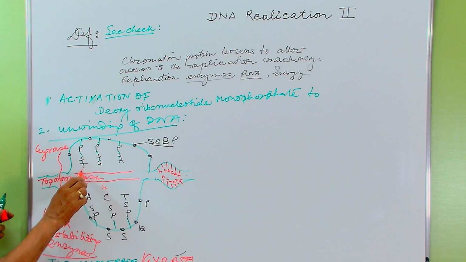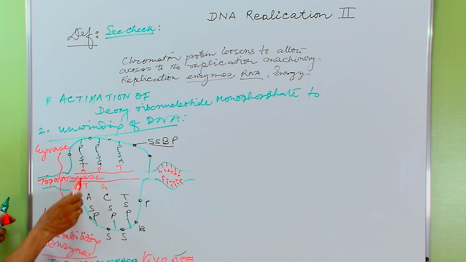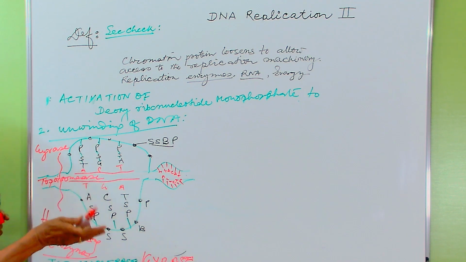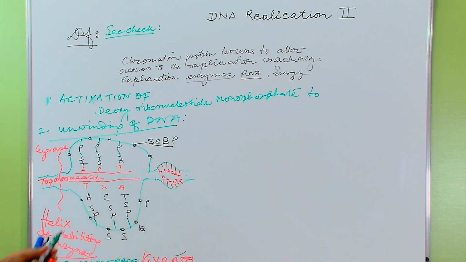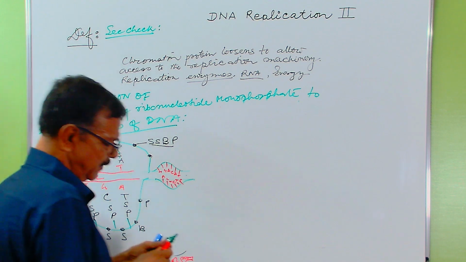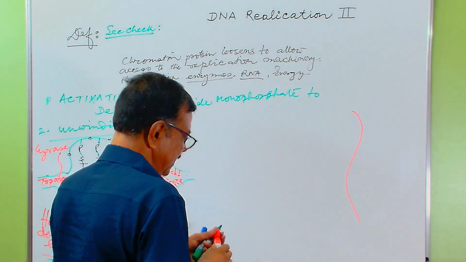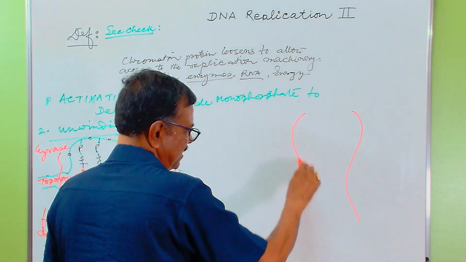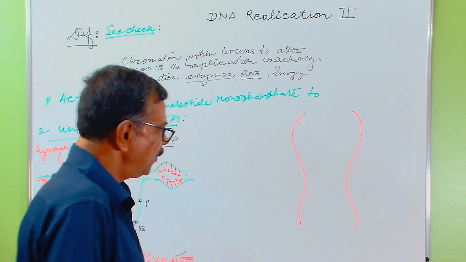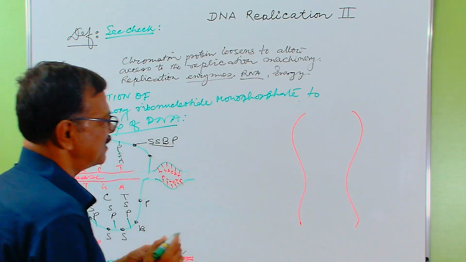Here it will have A, C, T, and in this way, G, T, G, and A. So one is complementary to the other. Some complementary strand should be prepared. In Meselson and Stahl's experiment we have seen the proper complementary strand should appear. Now we are prepared for replication. Okay.